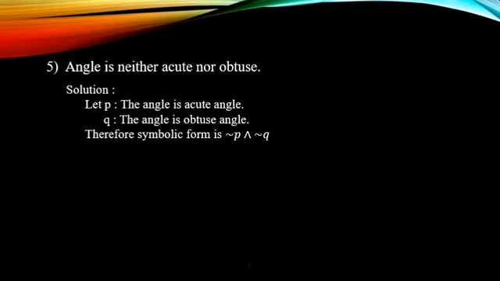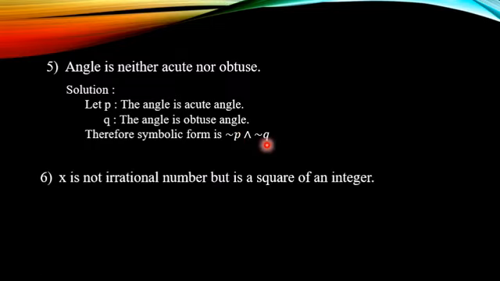Therefore, the symbolic form is this one, negation P and negation Q. Angle is neither acute nor obtuse means angle is not acute as well as not obtuse. That means the symbolic form is negation P and negation Q.